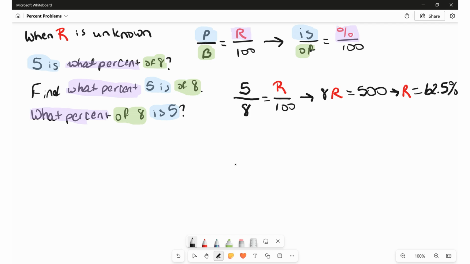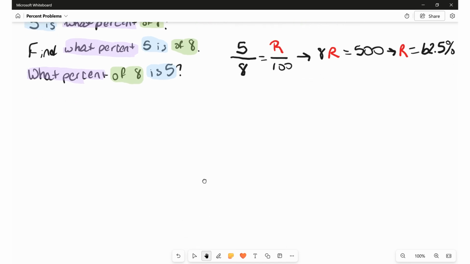All right, and now the final one. The final one, when the base is unknown. So we'll slide this up a little bit.